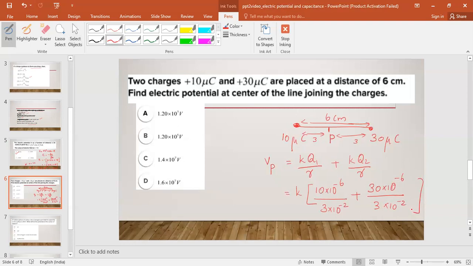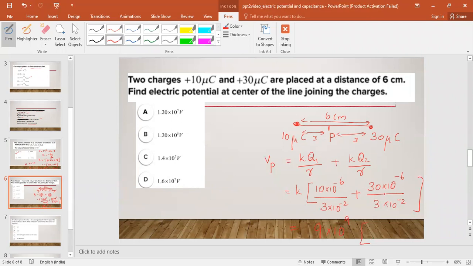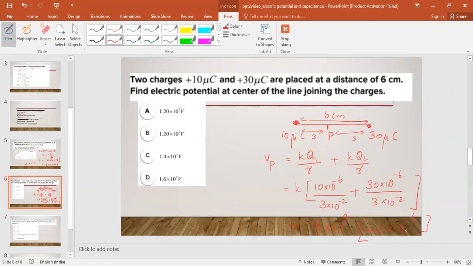Okay. So we know that the value of K is 1 by 4 pi epsilon 0, which we can write as 9 into 10 raised to 9. Denominator same, so this becomes 40 into 10 raised to minus 6 divided by 3 into 10 raised to minus 2.